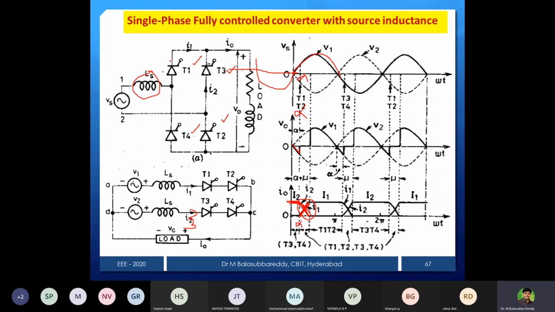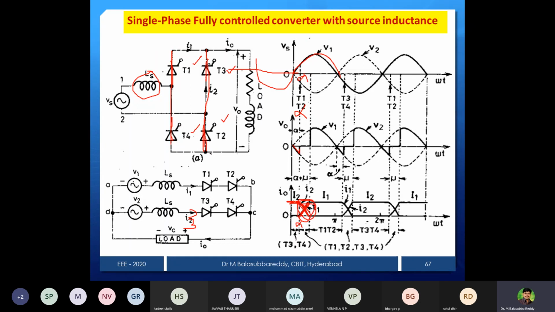T1, T2 are conducting because we gave the firing pulse, and T3, T4 are already on. Then all four devices are conducting at the same time during this overlap period.